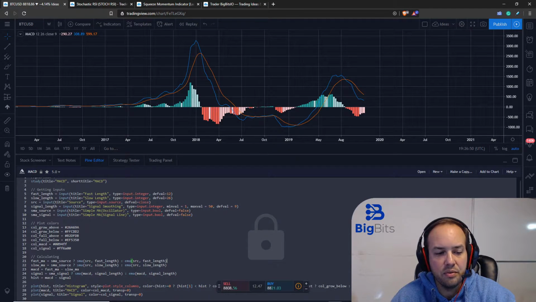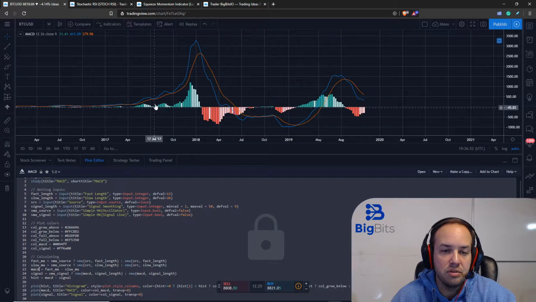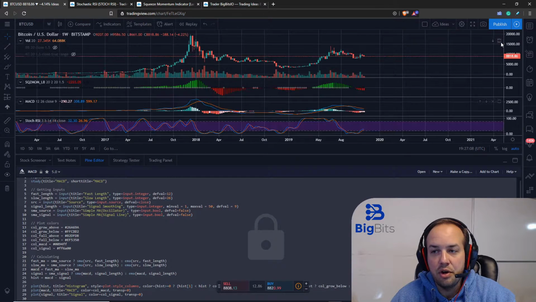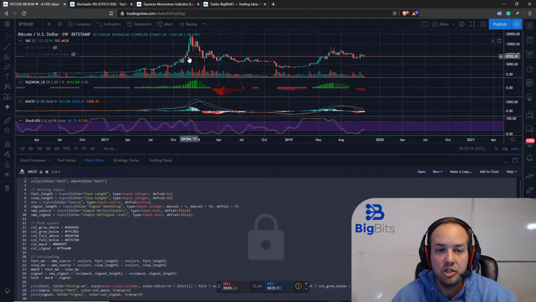And then what we do to calculate the MACD, which is the blue line, is we subtract the slow moving average from the fast moving average, and that gives us this line. So when you're looking at the price and you notice that things are going up, you have an idea of where your moving averages might be on the chart.